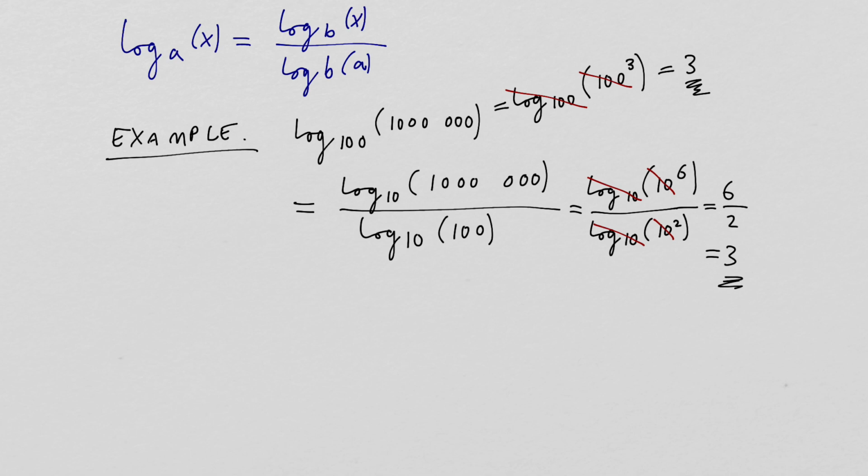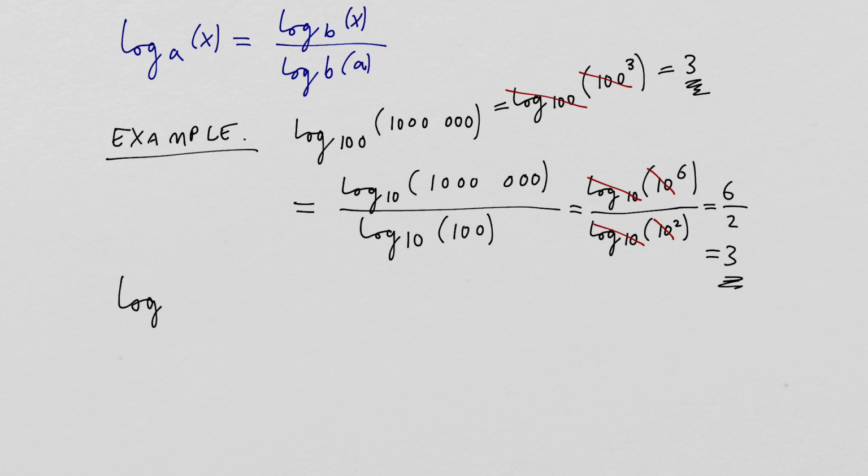The real use of this rule is that we can change logarithms to different base. So if we, for example, like some base very much, it's enough to use logarithms of that kind.